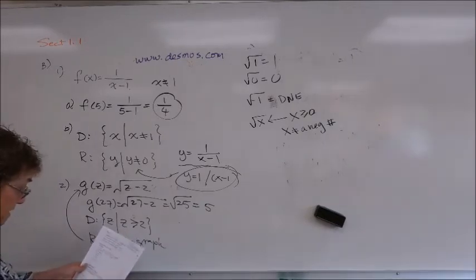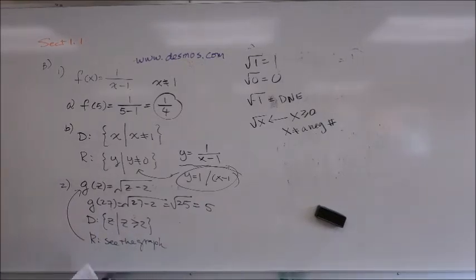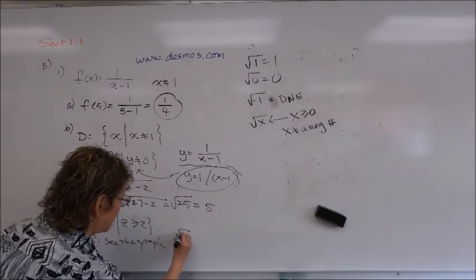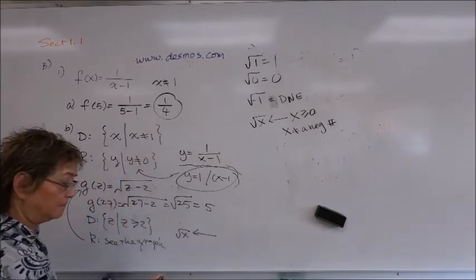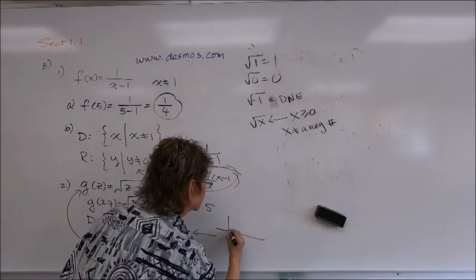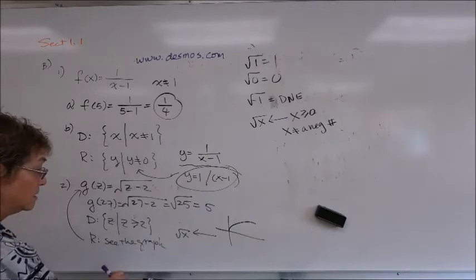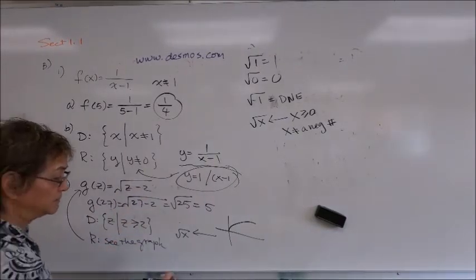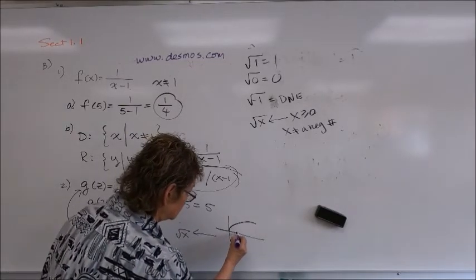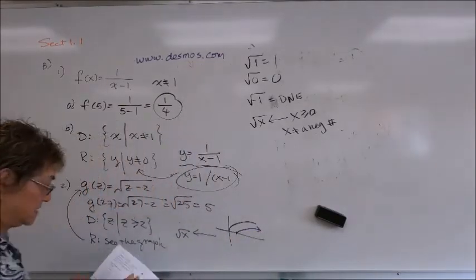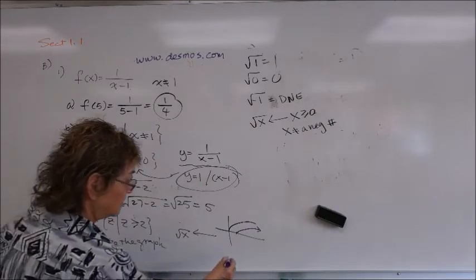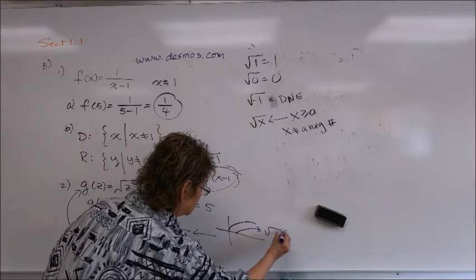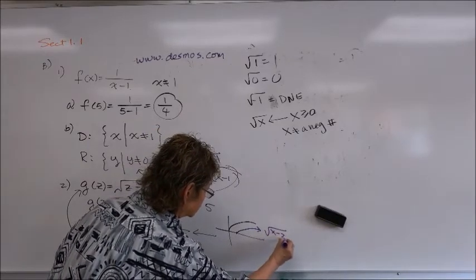So we have this from the 154 class, okay? For square root of x, the graph would be what? Half of a sideways parabola, right? Then minus 2 means what? You shift in the opposite direction and move 2 positions, and it will look like this. So that's the graph of square root of x minus 2.